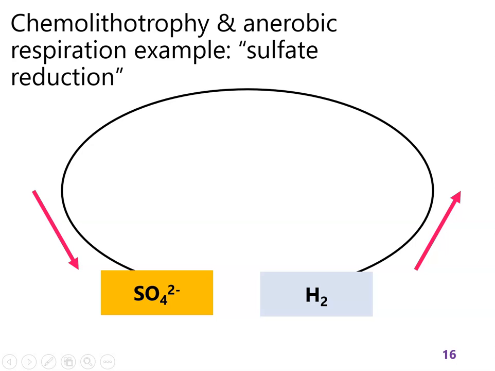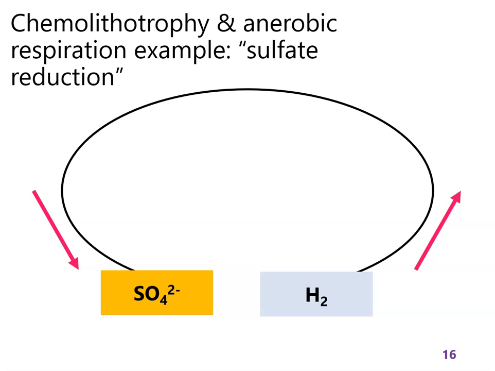So again, if we were looking at chemolithotrophy, we might see something like hydrogen gas be the electron donor, and something like sulfate be the electron acceptor. This is a common electron acceptor. The waste product of this is hydrogen sulfide gas, which smells like rotting eggs.